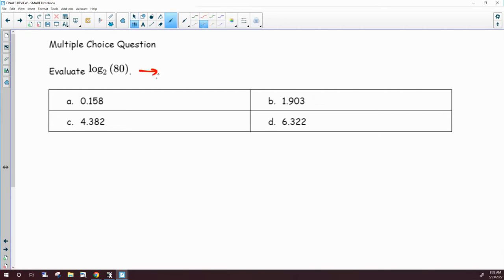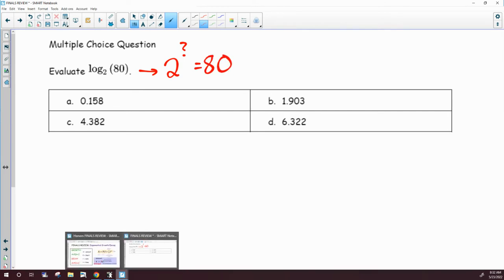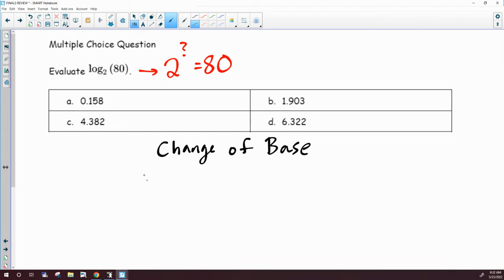This means 2 to what power equals 80? Although it has a base 2, we can still use our calculator to find it. We need to do what's called a change of base. The formula was on that front screen.